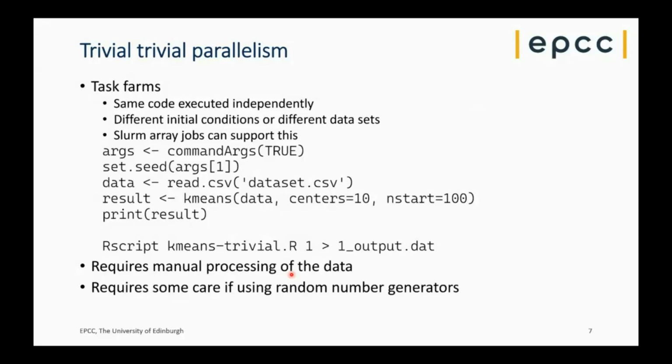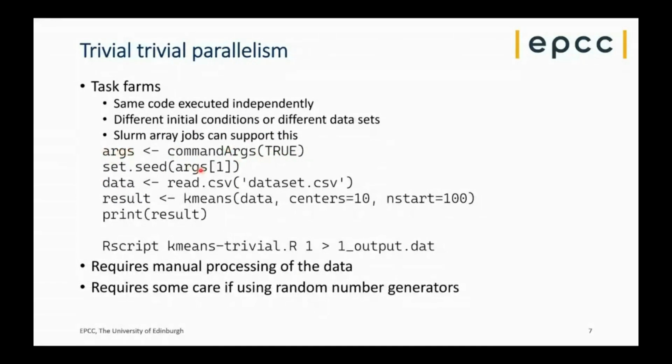And so here we can see an example R script where the same code is executed in lots of different places. And then you would need some kind of mechanism to pass in a value to specify a seed. So it's maybe not clear what's happening here, but in the top bit here, I'm reading in a value from the command line.